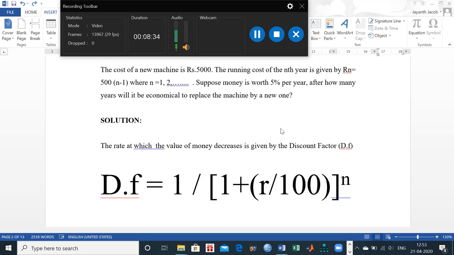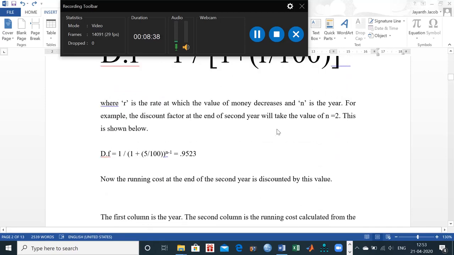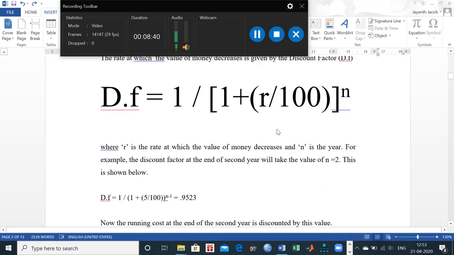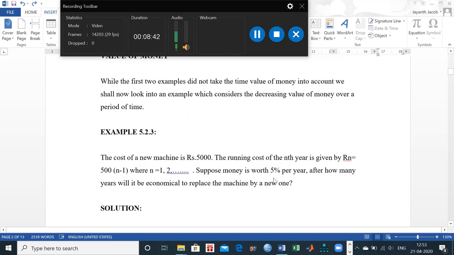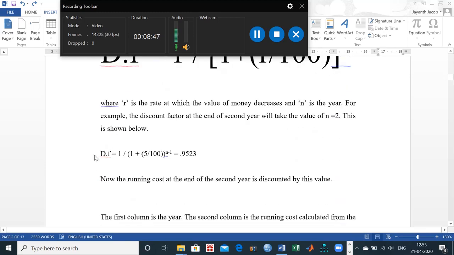Now we get into this problem that we had just taken down. So this problem said it's a 5% discount per year, which means if I apply the discount factor at the end of the first year, it should be 0.9523.